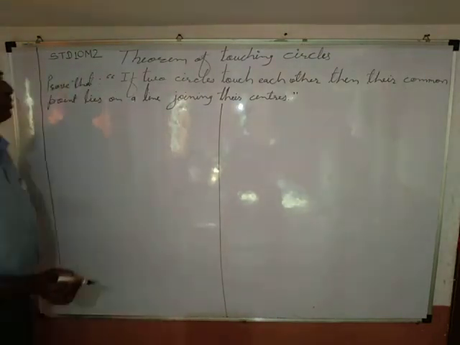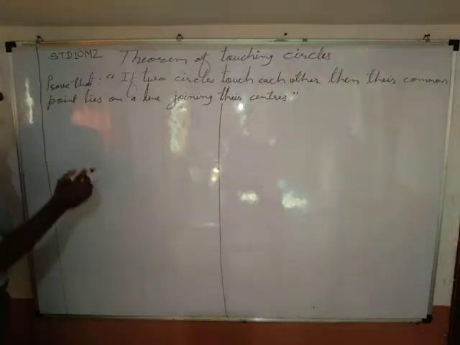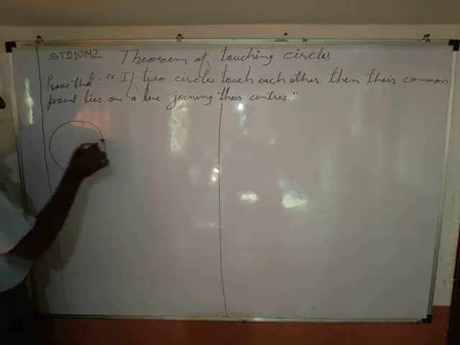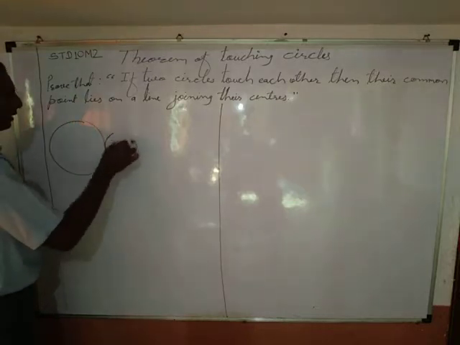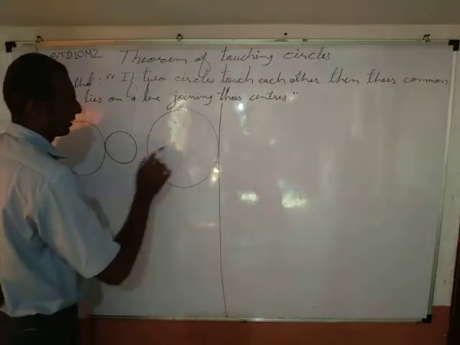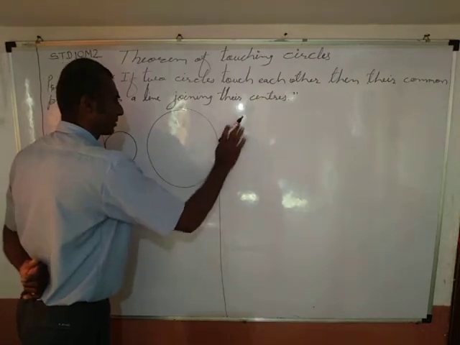The situation is about two circles which touch each other. We know that by definition, coplanar circles having one and only one point in common are called touching circles. Therefore there are two possible cases.